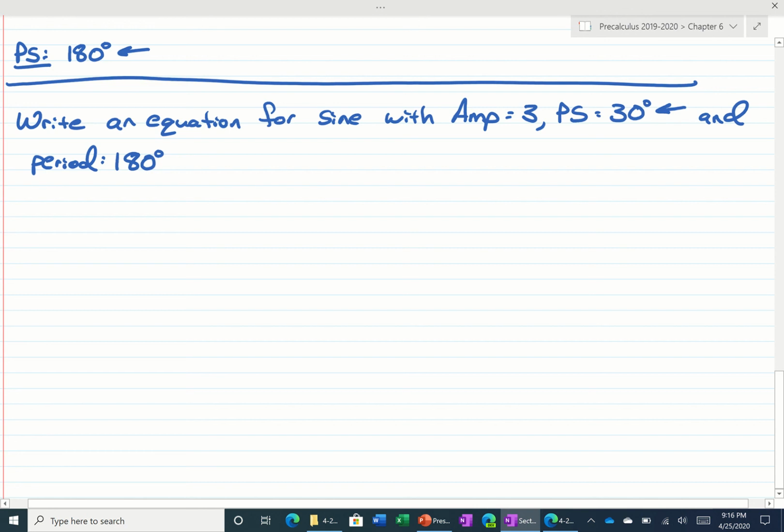Well, we're going to have to fill in the blank here. So it's going to be y is equal to something times sine, something in front, and then theta, and then something for the phase shift.